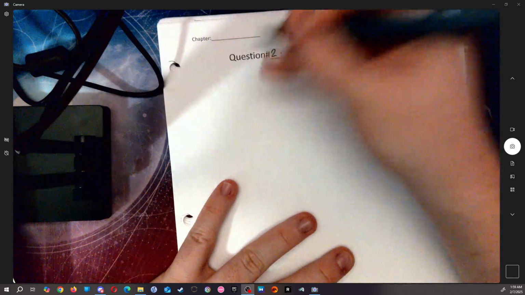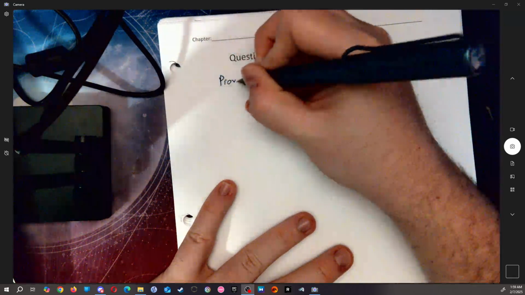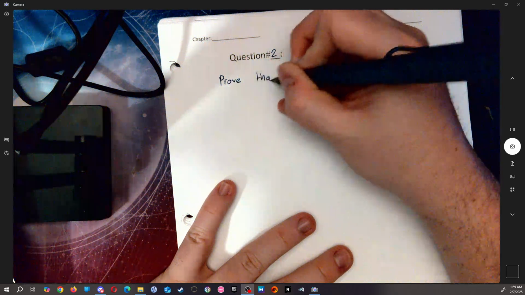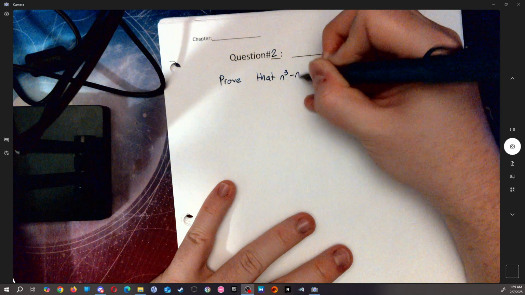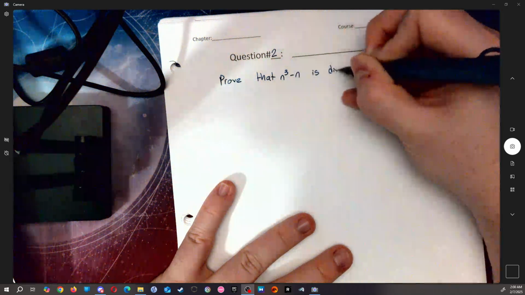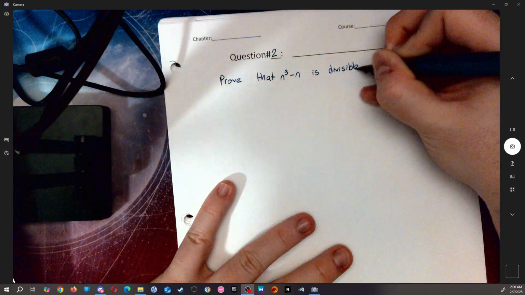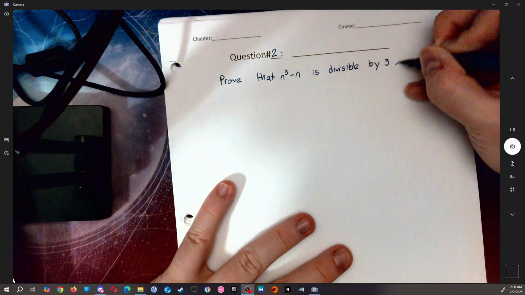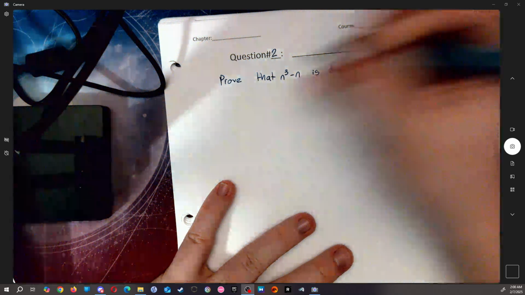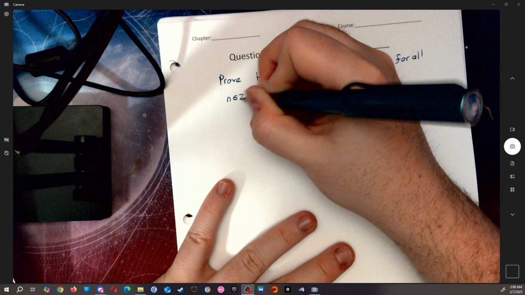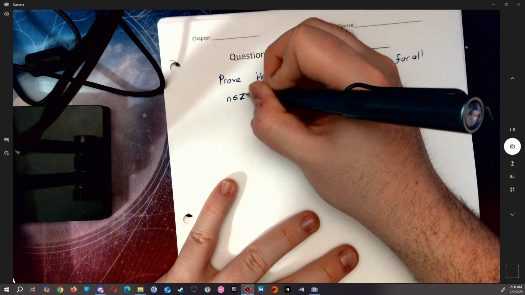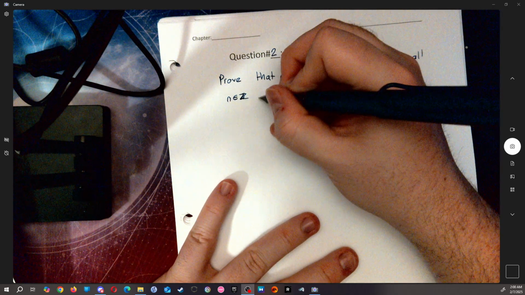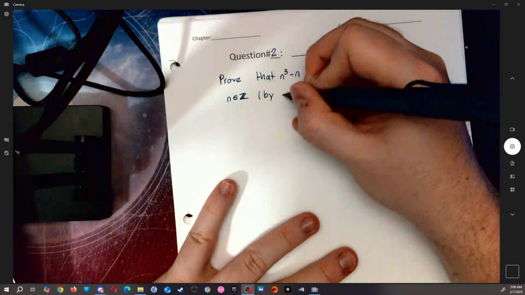So we're going to prove that n cubed minus n is divisible by 3 for all integer values of n. And then I'll write it, oh, sorry, not a very pretty integer symbol, but oh well, by exhaustion.